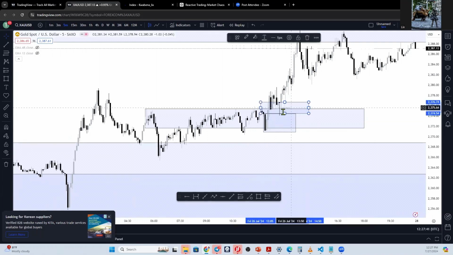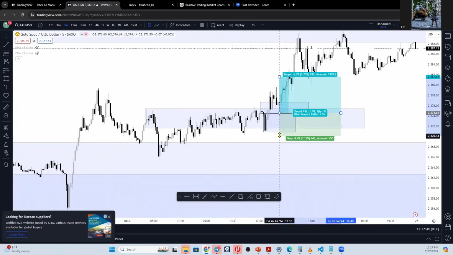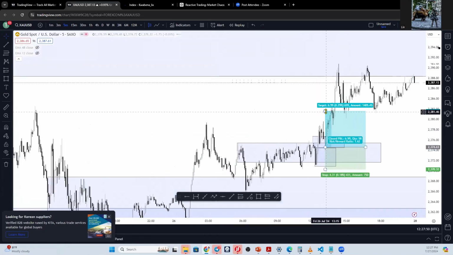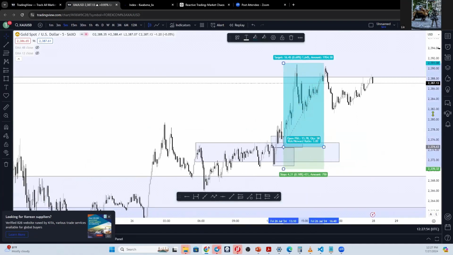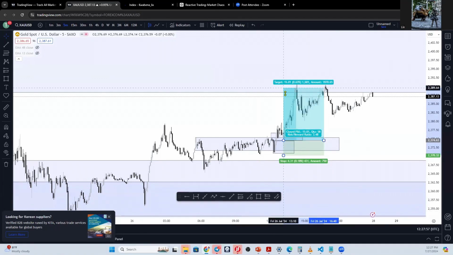So this is your entry set. Okay, on this, you have an entry here. You have a stop loss here, and you're targeting that zone. Yesterday I was having difficulty explaining it, but yes, I think now I get it.